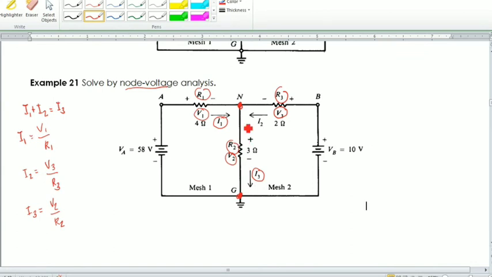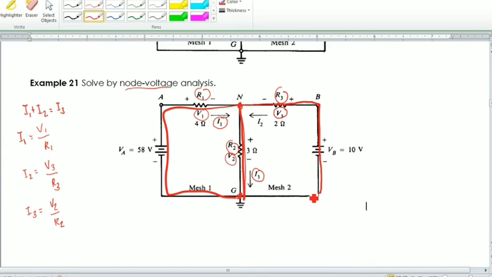This means that your node voltage is this one right here going here, as well as, since this circuit here is parallel to here, they are just the same. These are your node voltage.